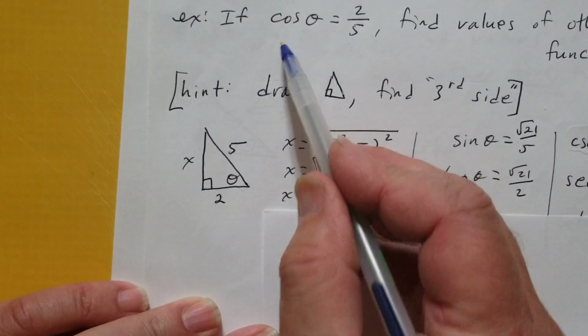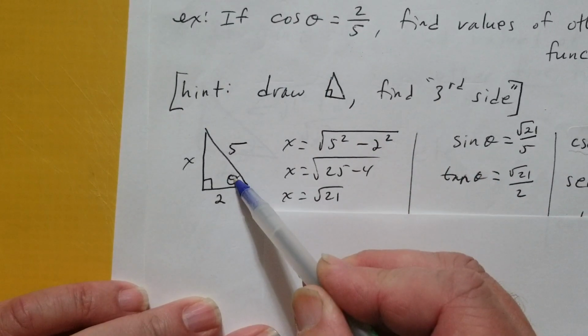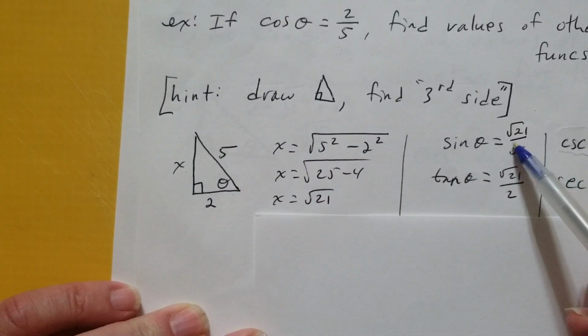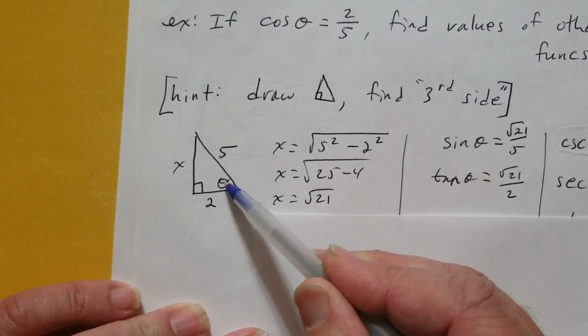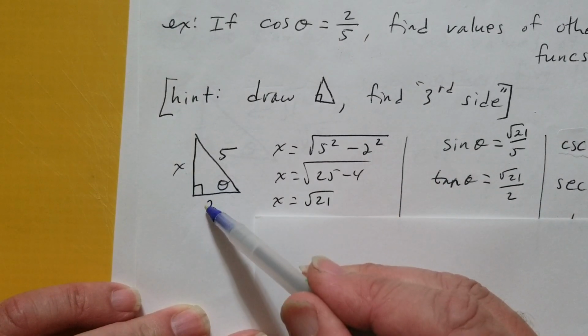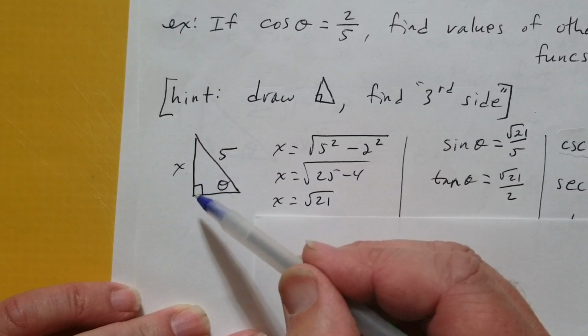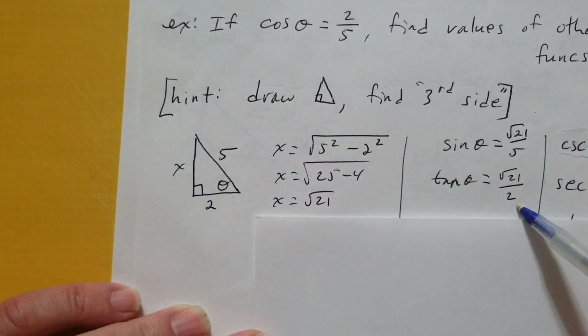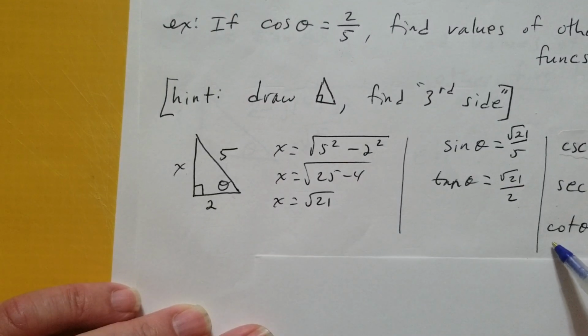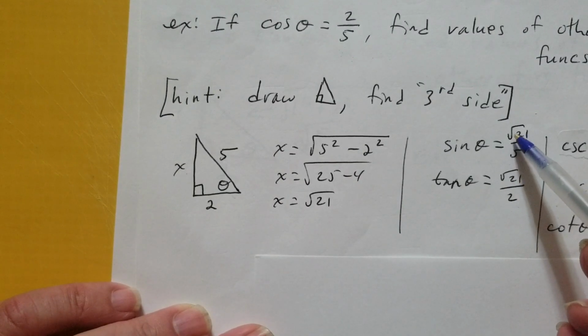We already know one. What is sine? Sine is opposite over hypotenuse. There it is. Square root of 21 over 5. What's tangent? Tangent is opposite over adjacent. Square root of 21 over 2. There it is. What's cosecant, secant, and cotangent? Well, those are just the flips of these three.